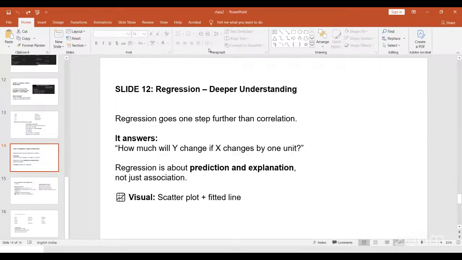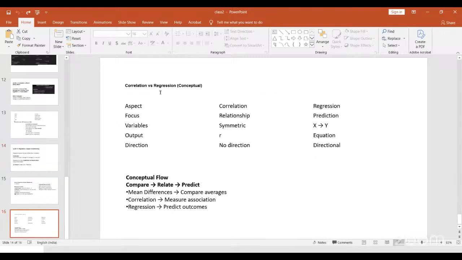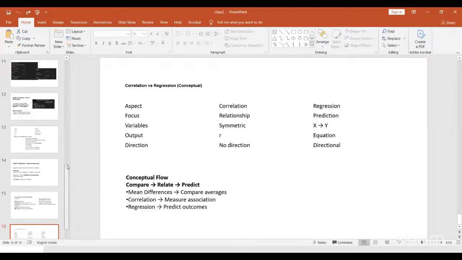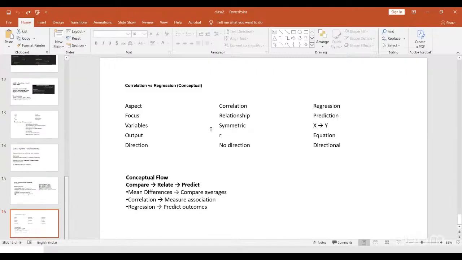Ma'am, the slide has not changed. Which slide is visible now? Regression, deeper understanding. The first slide is showing. Okay, I have moved to the next slide. Is it visible now?